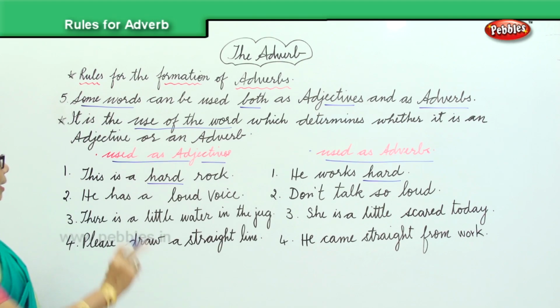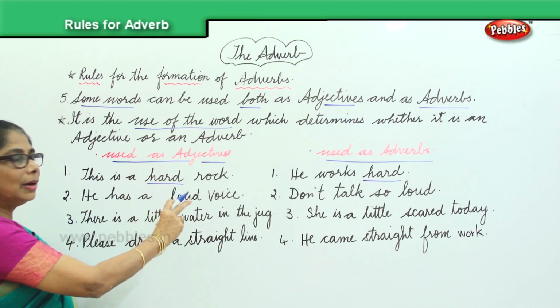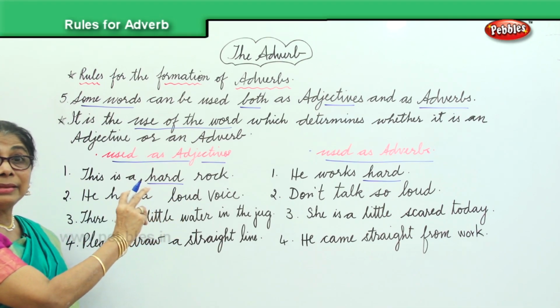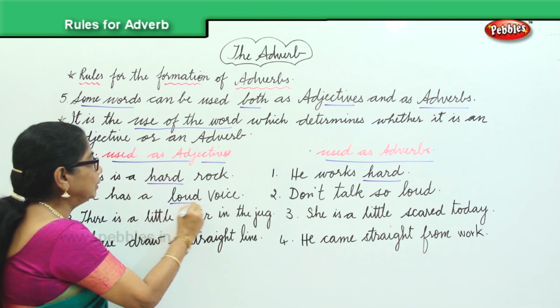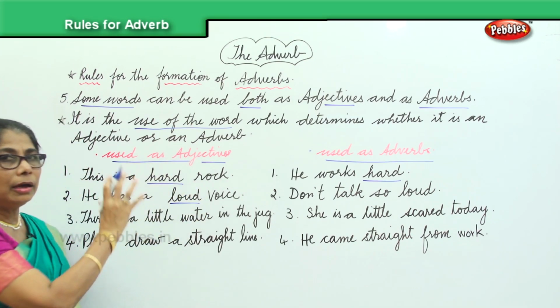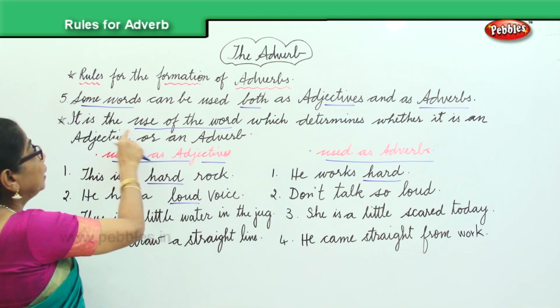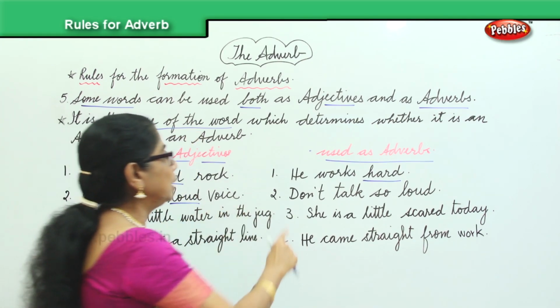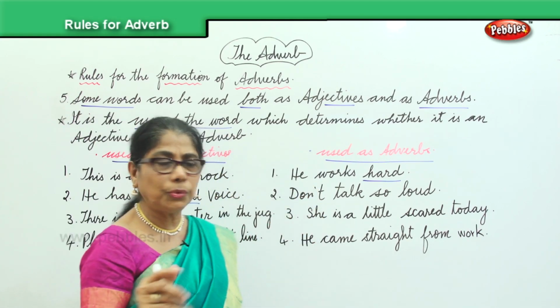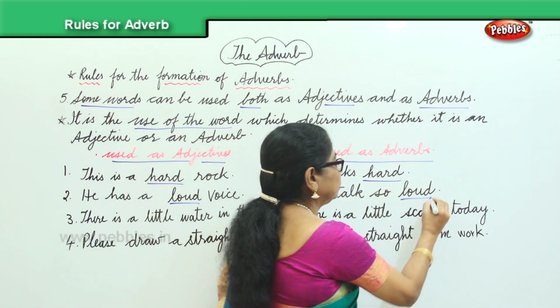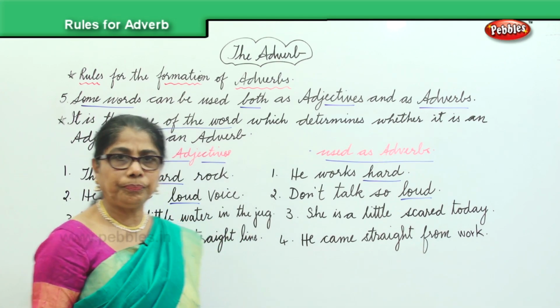The second sentence here we have, he has a loud voice. That's an adjective. The loud is used as an adverb. How is it used? Don't talk so loud. Okay?